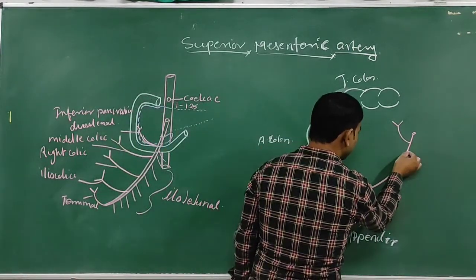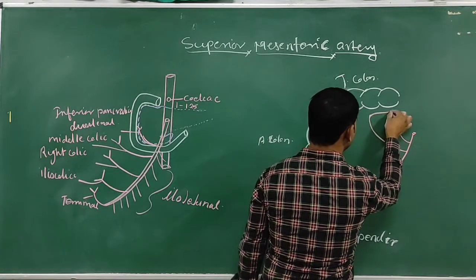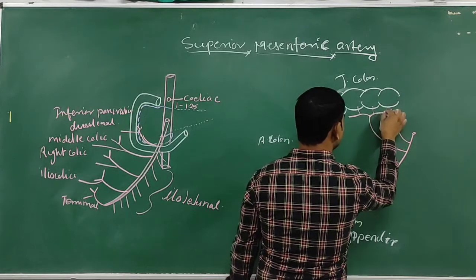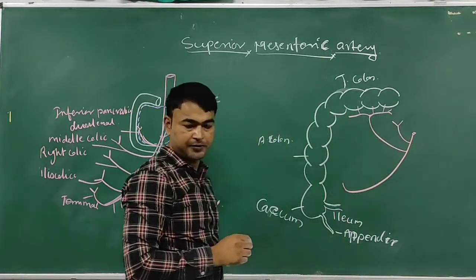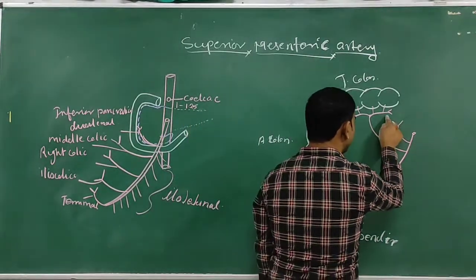The second branch is the middle colic branch, supplying the transverse colon, and it gives two branches, left and right.